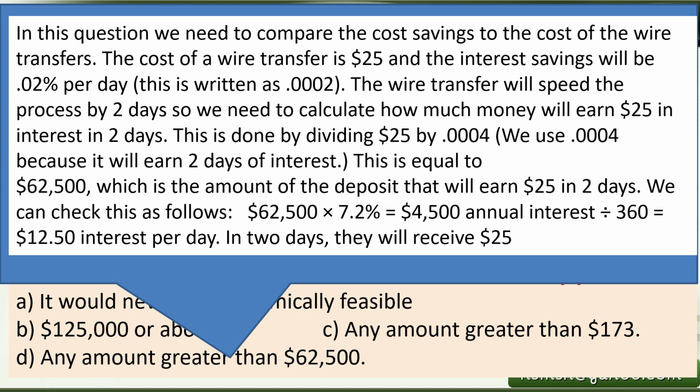So any amount greater than 62,500 will be beneficial. Why? Because if you get 62,500, it comes to $25, and the cost is also $25, so there is an equilibrium status. So any amount greater than 62,500 will be beneficial.